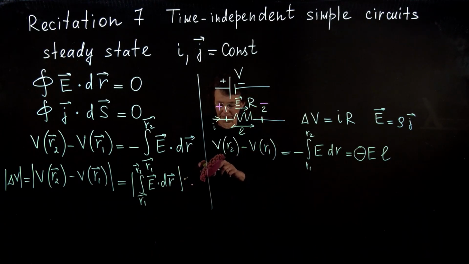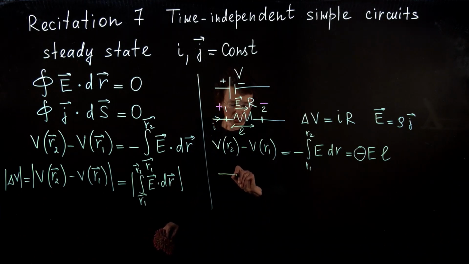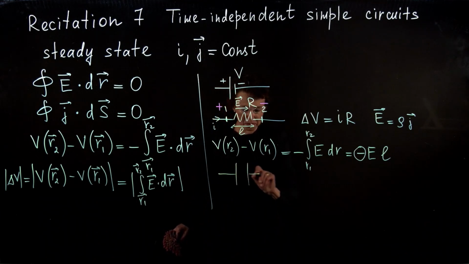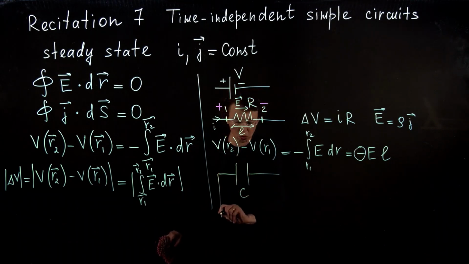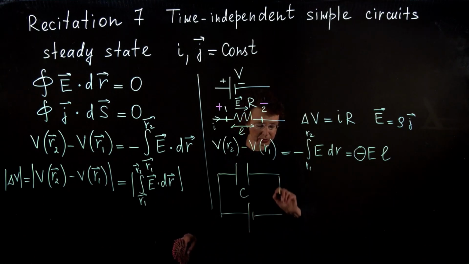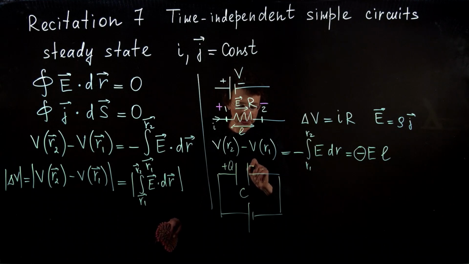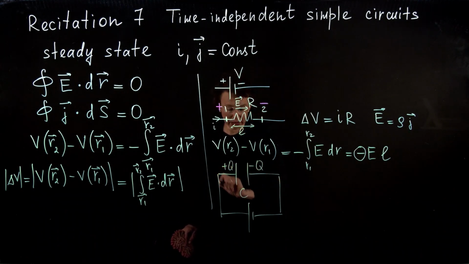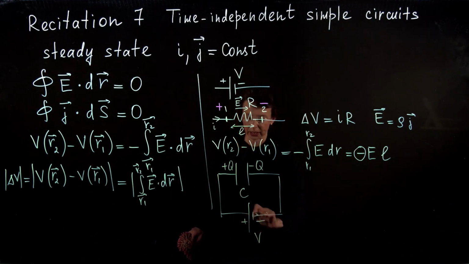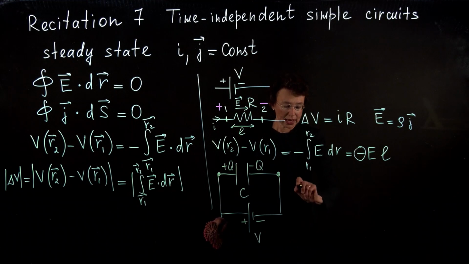And now let's talk about capacitors. I'll consider a capacitor, capacitance C, and if I charge this capacitor with a battery of voltage V, I need to indicate the charge. Let this be plus Q and let this be minus Q. Then what will be the voltage change across the capacitor?